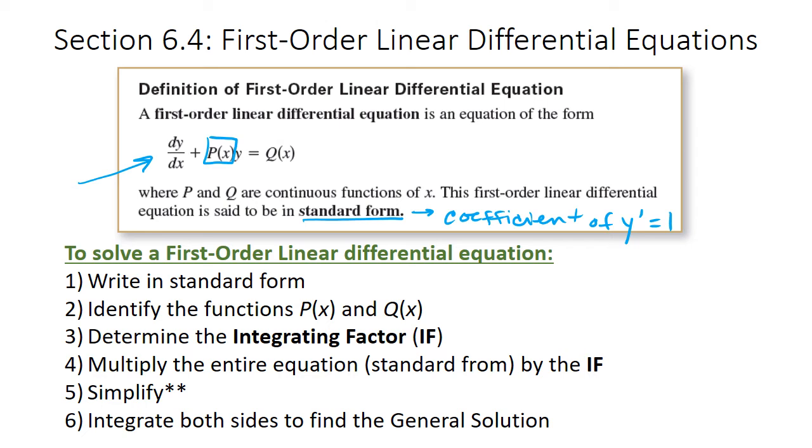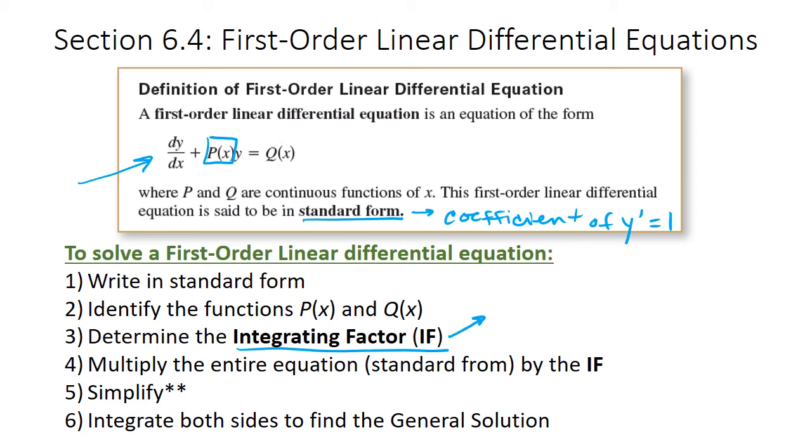Here are the steps to solving a first order linear differential equation. The first thing you want to do is write it in standard form, which you can see looks like this up here in the definition. Then we want to identify the functions p of x and q of x. And then we're going to determine the integrating factor, sometimes represented by IF.